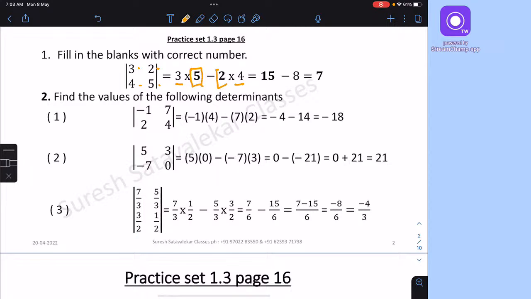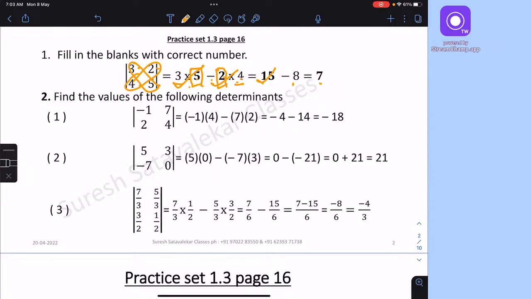While operating the determinant, first we take 3 multiplied by 5, and then from that we have to subtract 2 multiplied by 4. So this is 5 and this is 2. 3 5s are 15 and 4 2s are 8. 15 minus 8 is 7. That is how we have filled up the gaps.